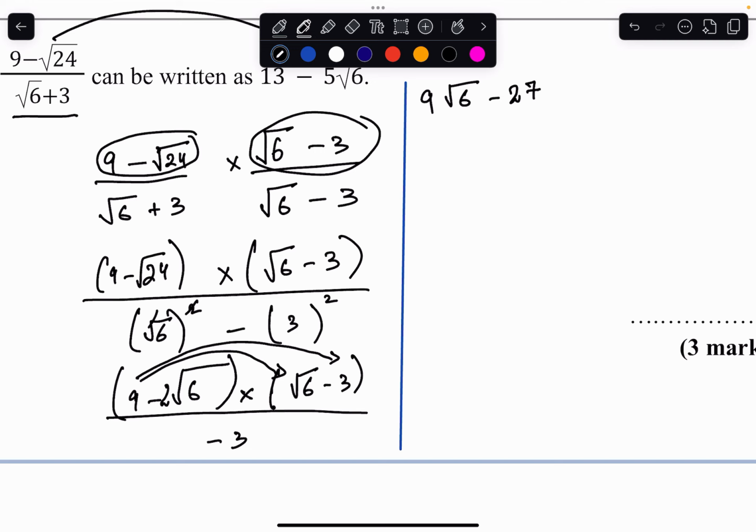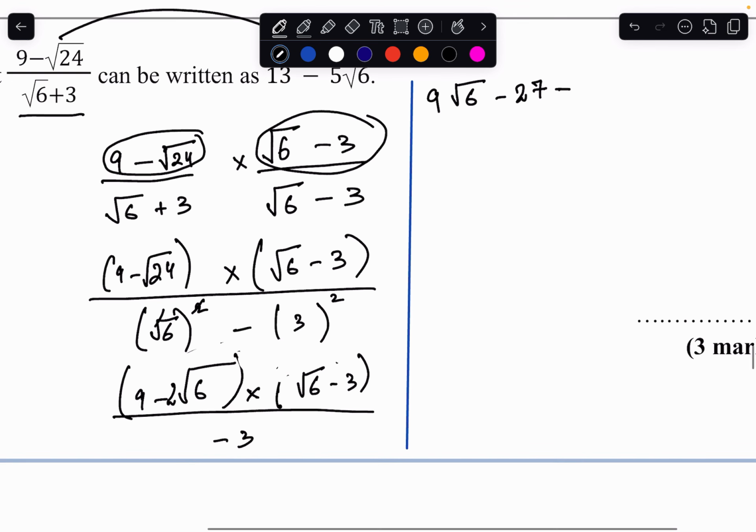Then this, 9 times root 6, 9 root 6. 9 times 3 is negative 27. Then this negative 2 root 6 times root 6 is 2 times 6, which is 12. Root 6 times root 6 is 6. So 2 times 6 is 12.